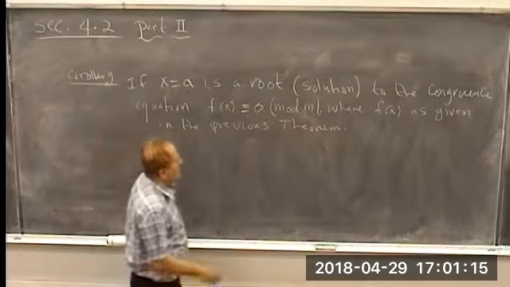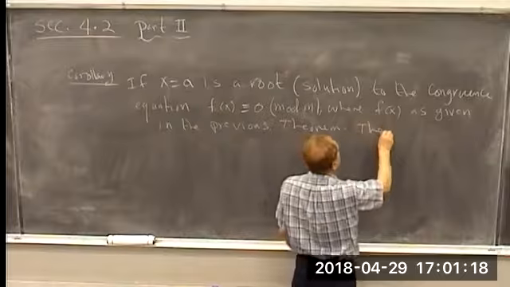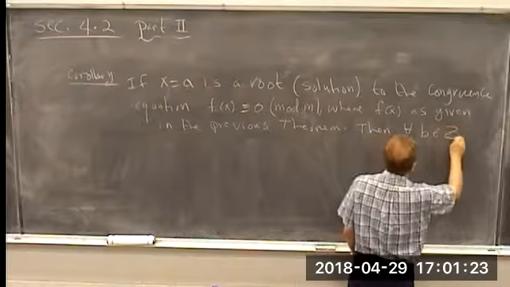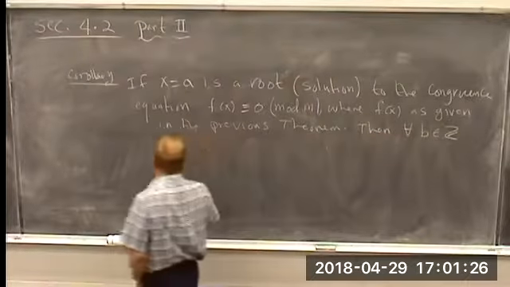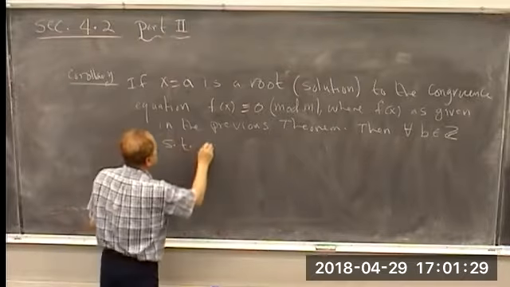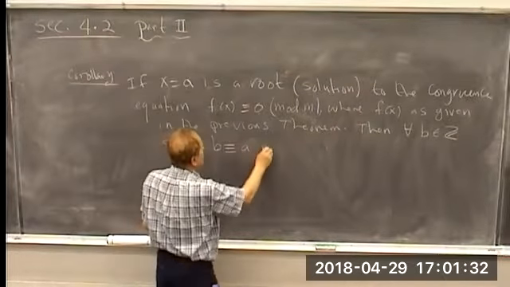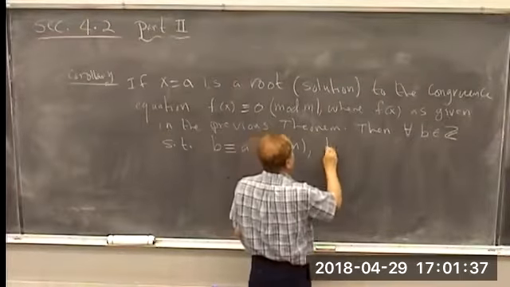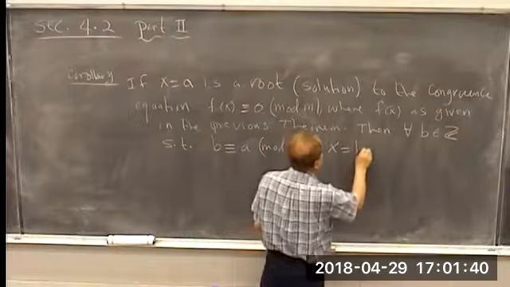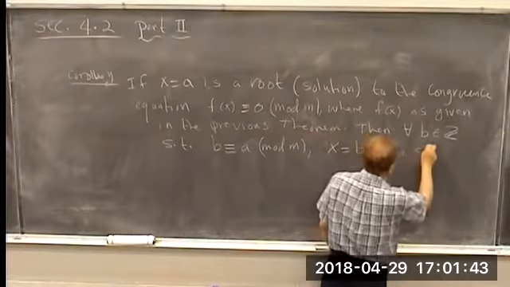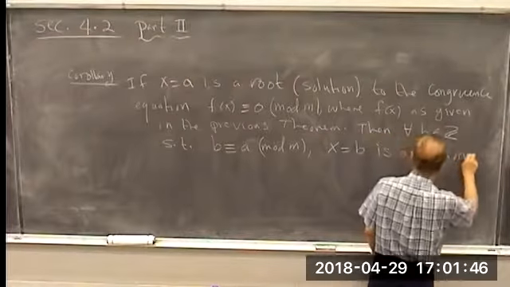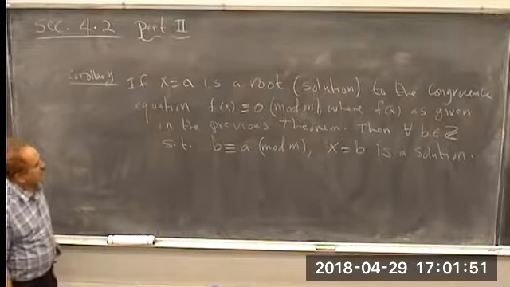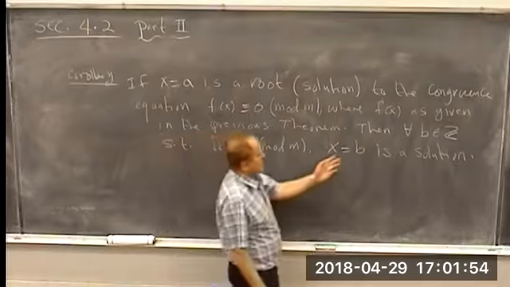Then the conclusion of this: for every b in Z such that b is congruent to a mod m, x equal b is a solution. So in other words, it's saying that if a congruence equation has one solution, it has infinitely many solutions.